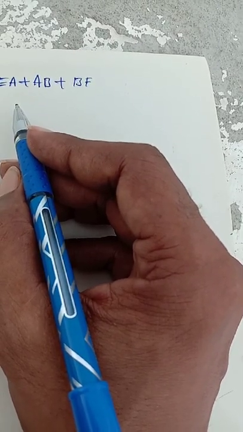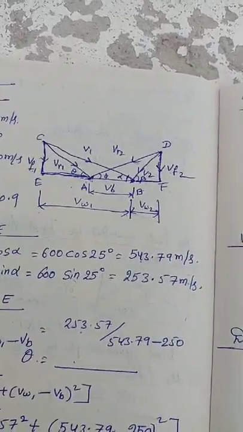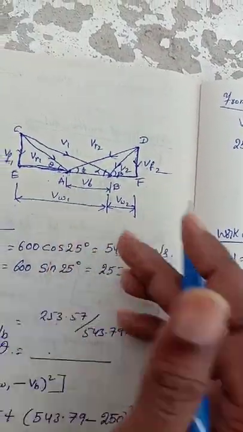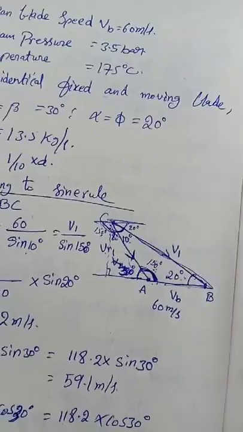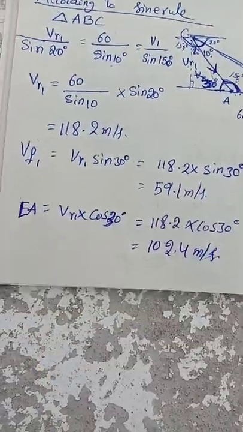Okay, and now here EA, this is the EA value. Now take this EA.